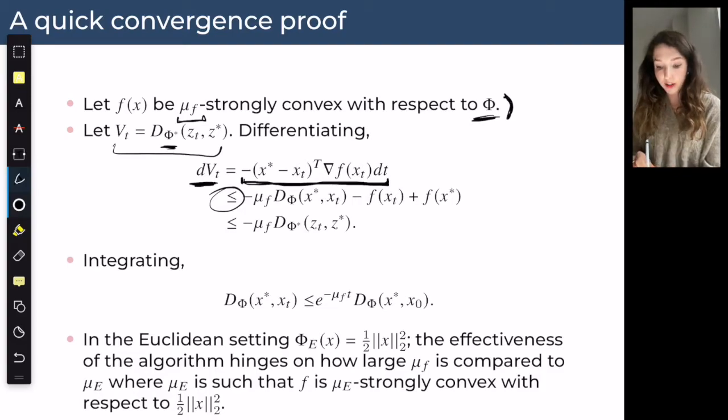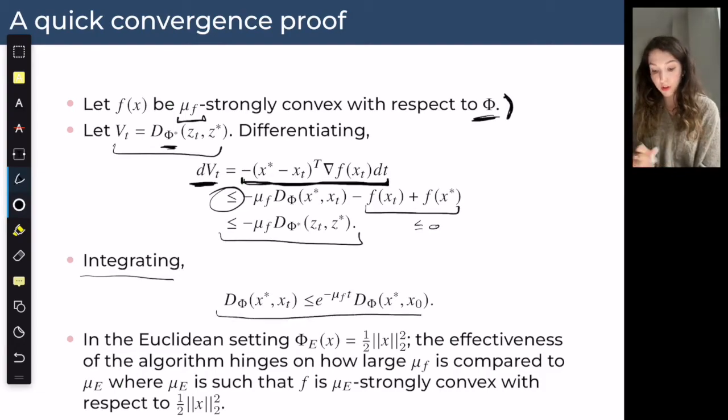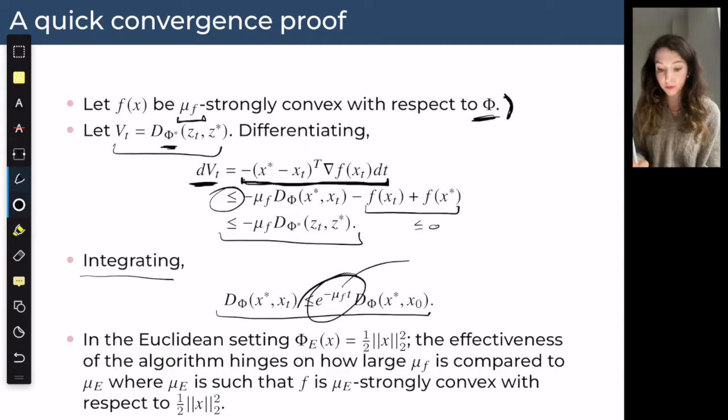And then, using the fact that this part is less than 0, we obtain this last inequality. Then, if we integrate this inequality for dvt, we obtain this following exponential convergence result, where the convergence speed is governed by this mu f.